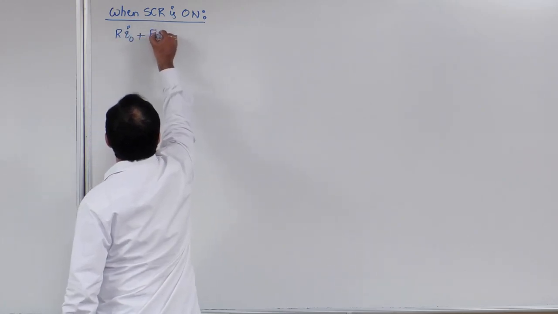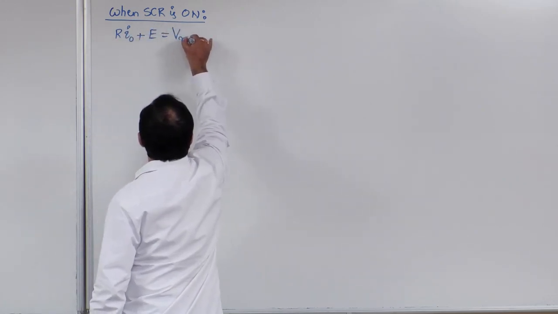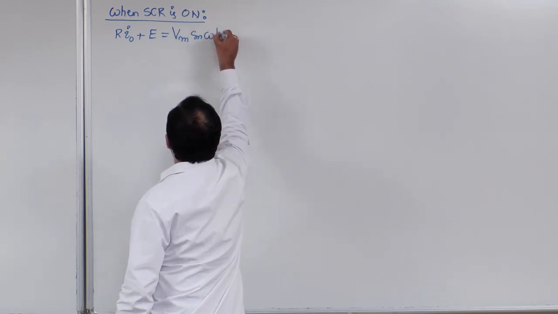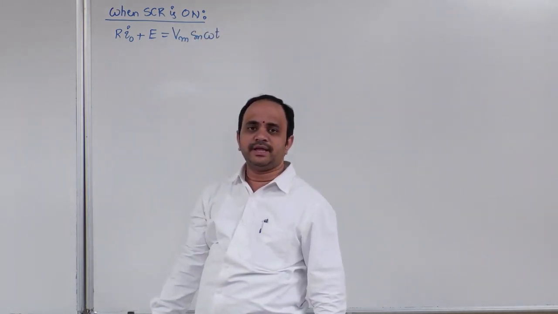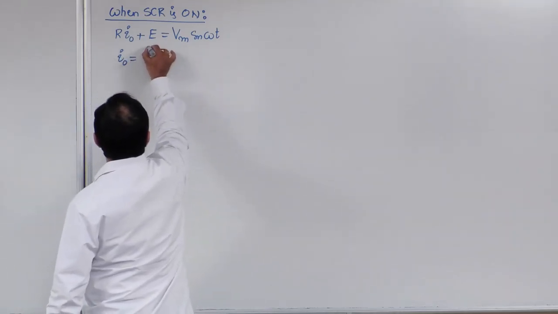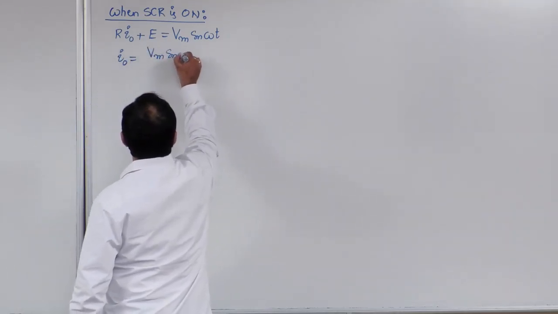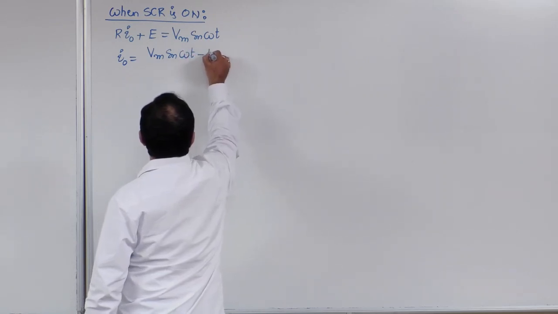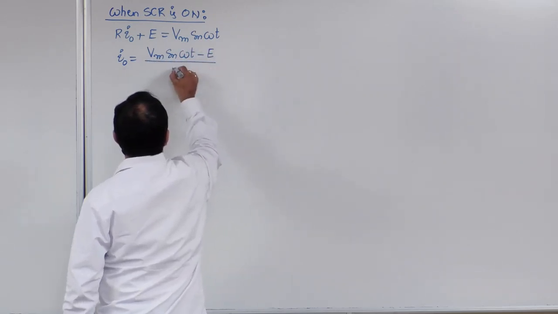R into I0 plus E is equal to Vm sin omega t. Therefore, I0 is equal to Vm sin omega t minus E divided by R.